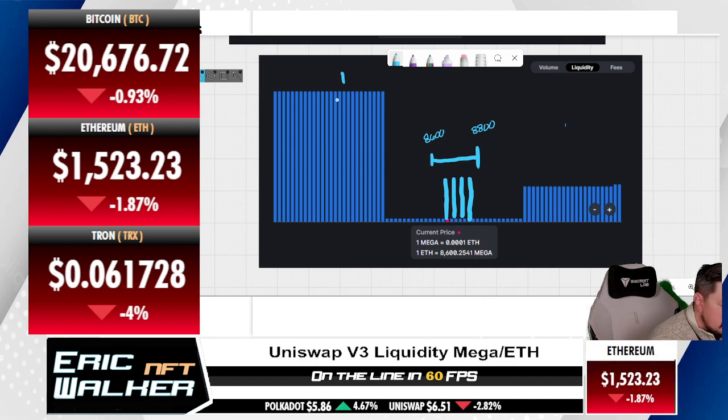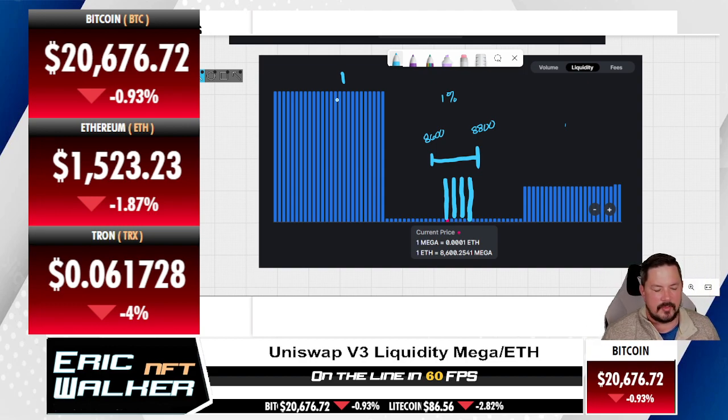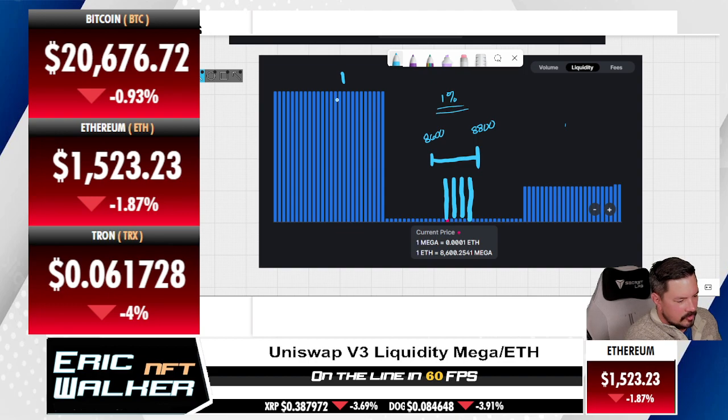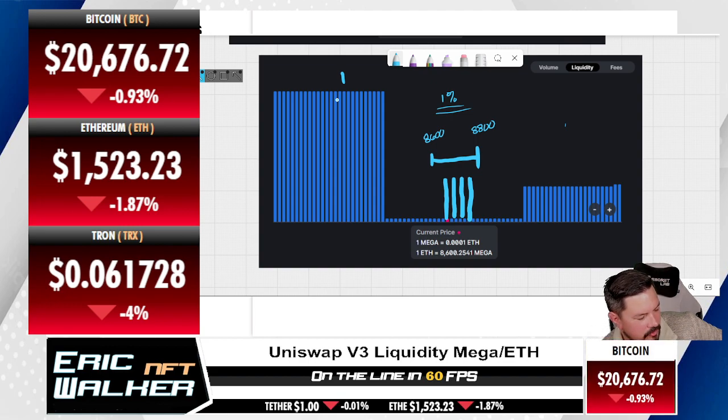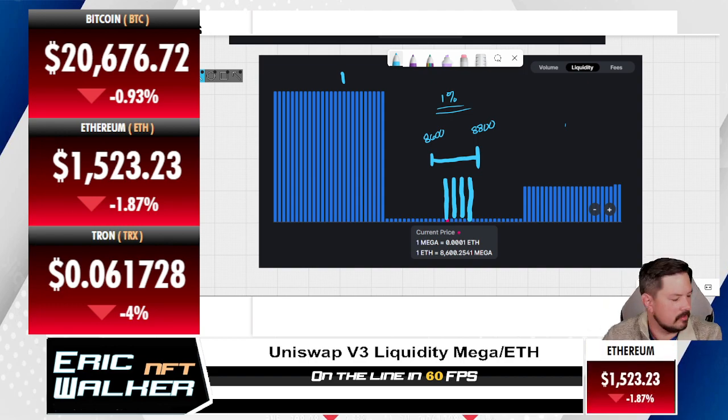Anytime any transaction occurs, this little pink line occurs between that area, you get 1% of all transactions that happen between that price. So that's a quick way to earn some money on the portion of the stake that you provided liquidity for. And it can actually be pretty sizable.